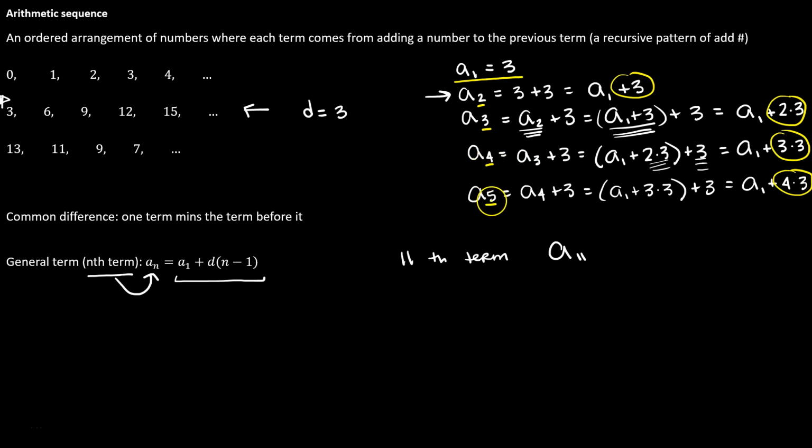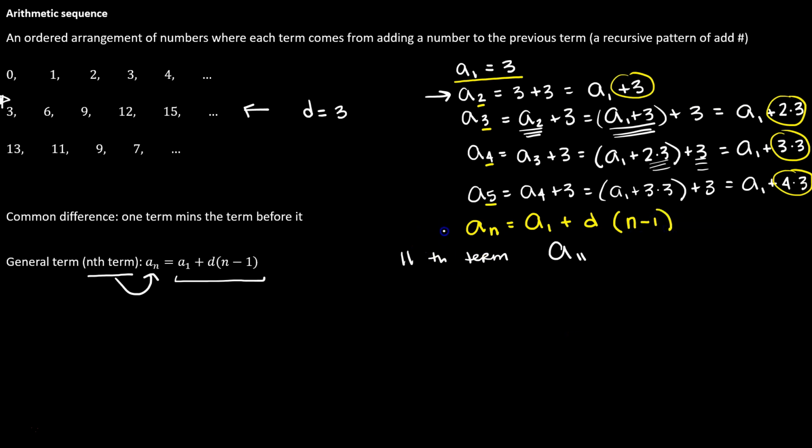For a sub 5, I'm adding 3 four times. It seems that the pattern is, for every position in our term, we're adding 3 one less than that. So we could come up with a general form that says, start with our first term, then add our common difference times the term number n minus 1.